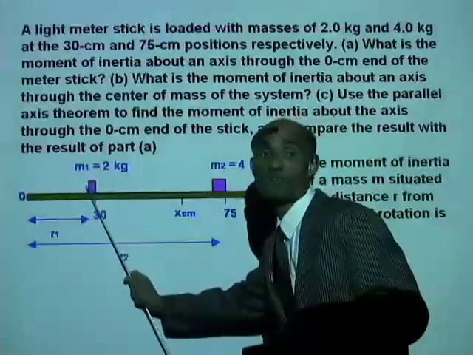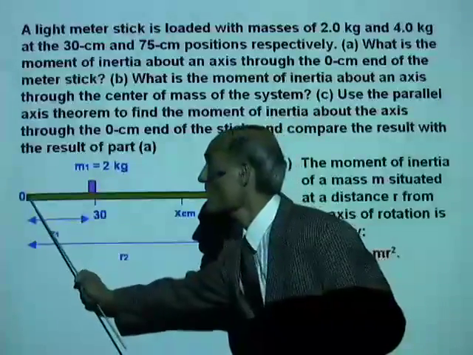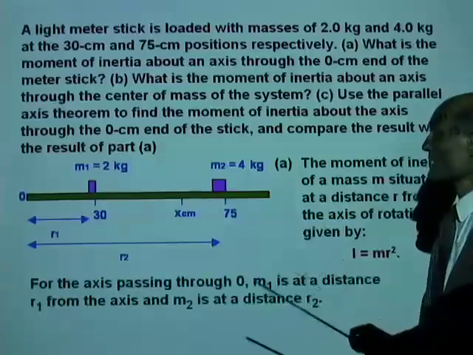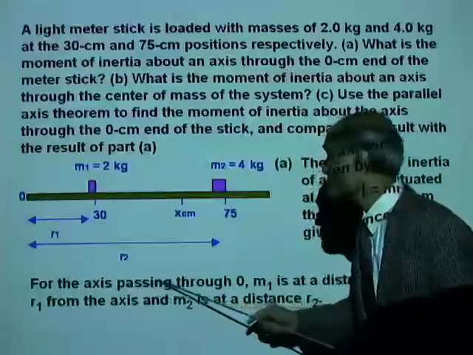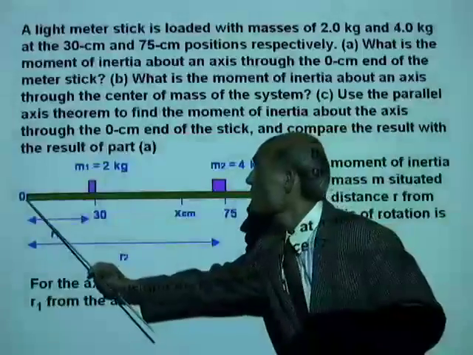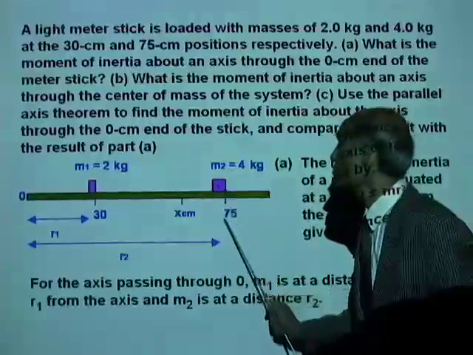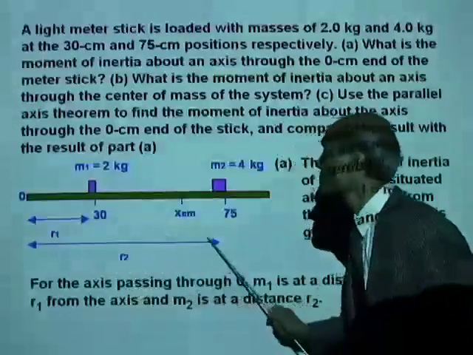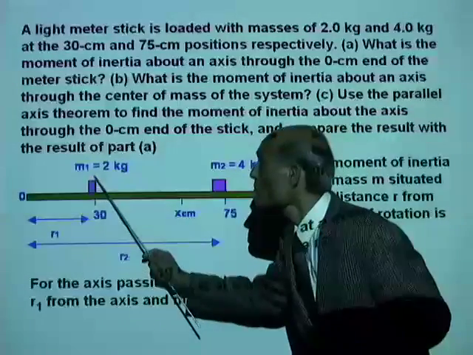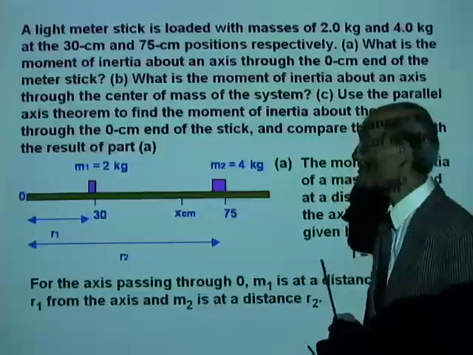So we can now find the moment of inertia of these two masses about an axis that passes through the 0 centimeter mark using this relation. For the axis passing through 0, m1 is at a distance r1 from the axis of rotation, and m2 is at a distance r2, where r1 equal to 30 centimeter and r2 equal to 75 centimeter.